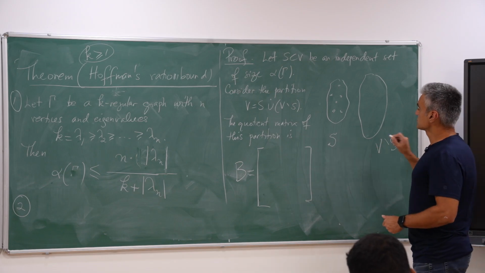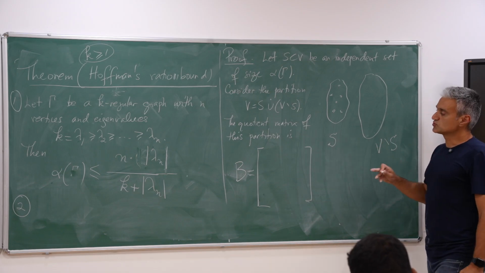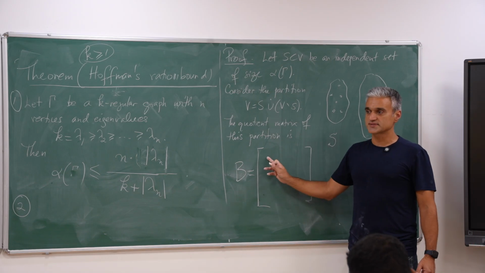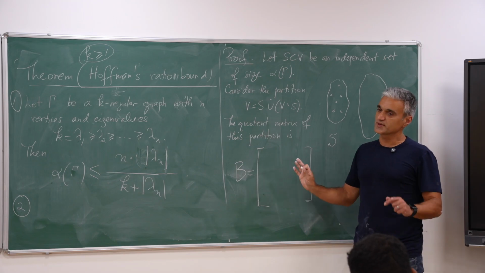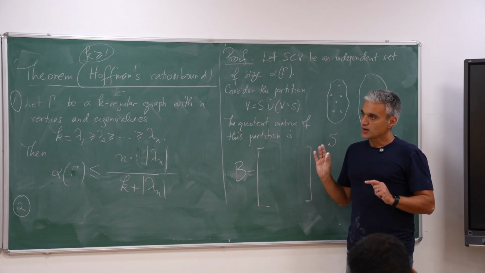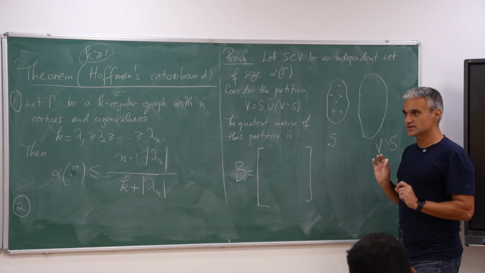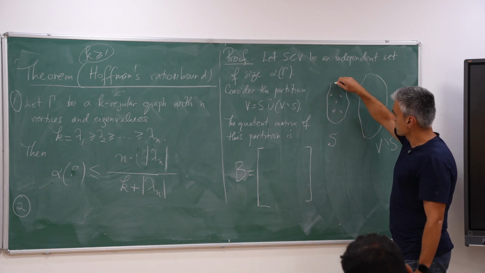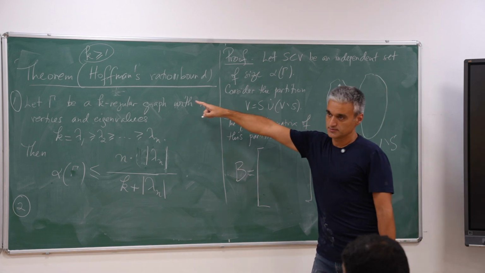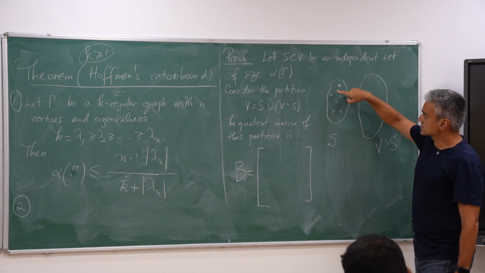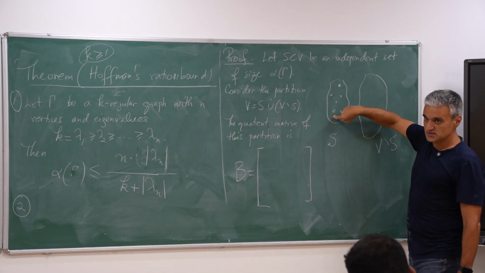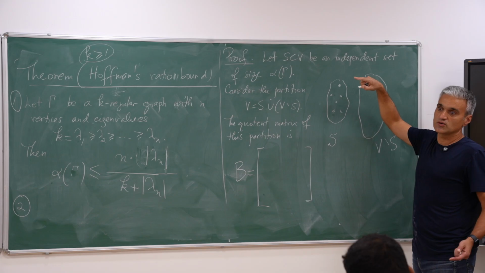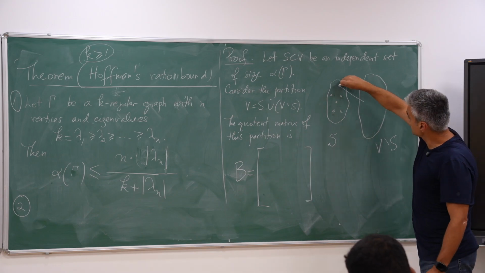So this is S, this is V minus S. Usually in the examples I always started from here, but I won't. I'll start slightly off, because here's the thing. My graph is k-regular. If I have a vertex here, this vertex doesn't want to talk with any of these vertices here. So where are all its friends? They're going to be here.